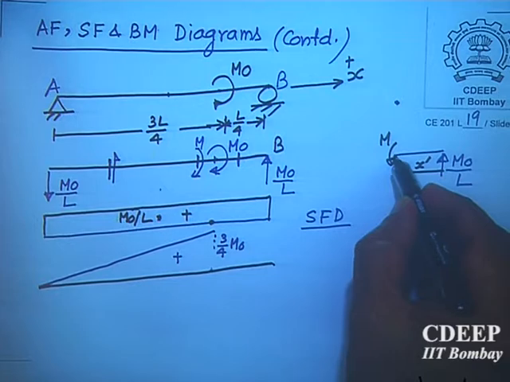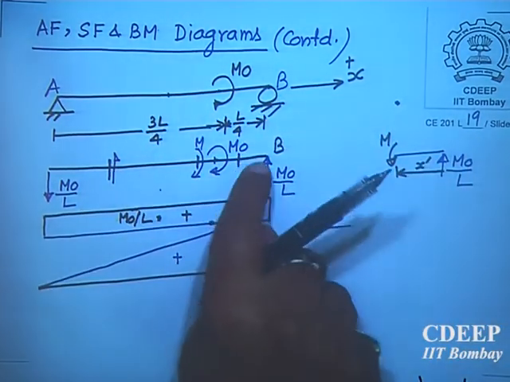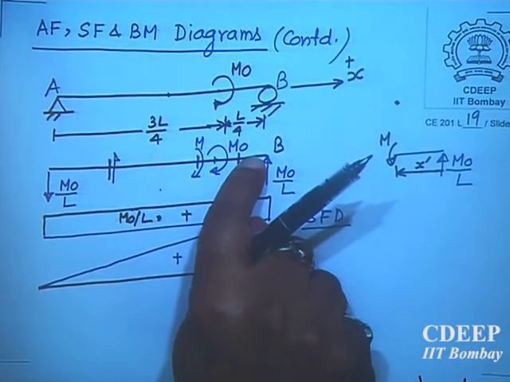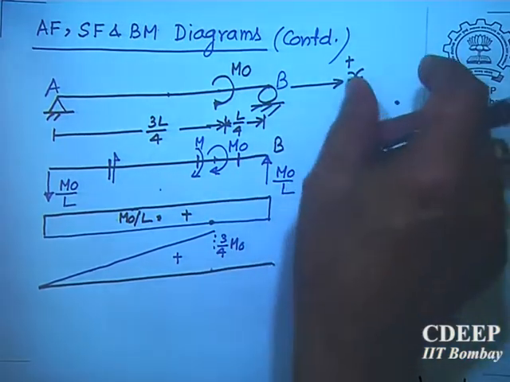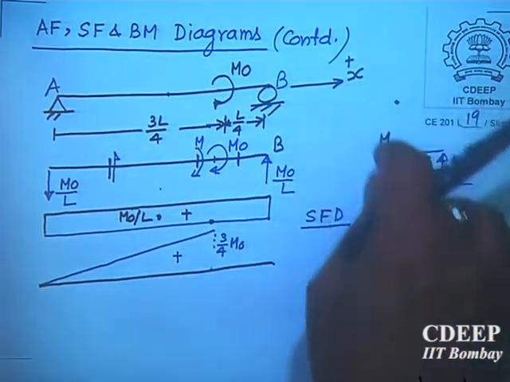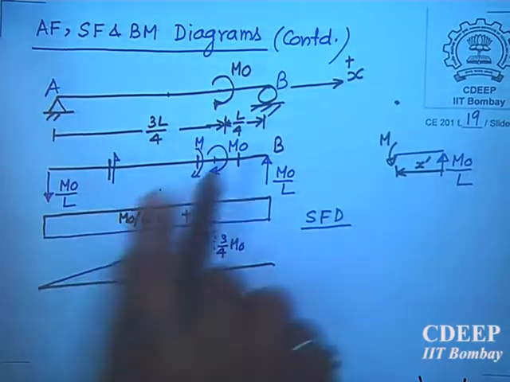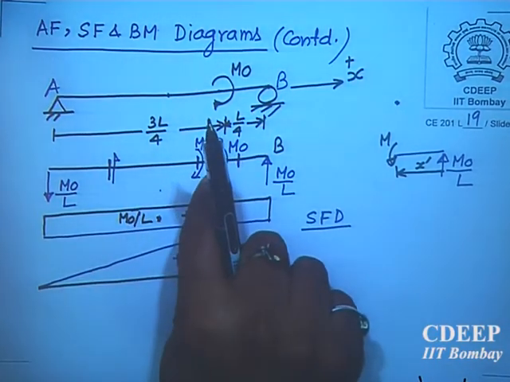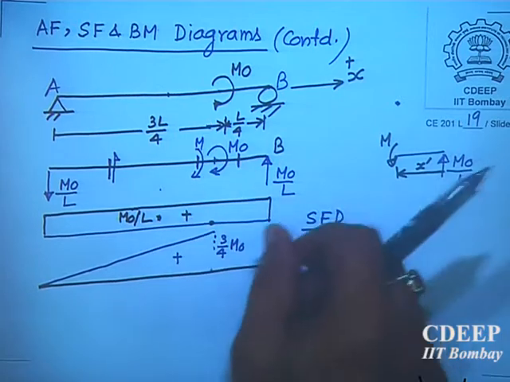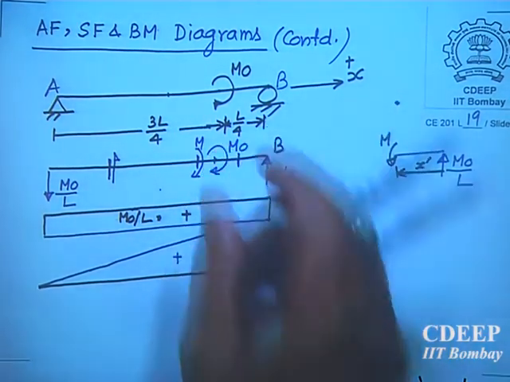This moment, if you take, will also come negative from this side, which I have already shown you. So you can also take your free body diagram from the right hand side because it is simpler. I don't have to consider M naught here. My X dash will vary from here to here, up to L by 4.